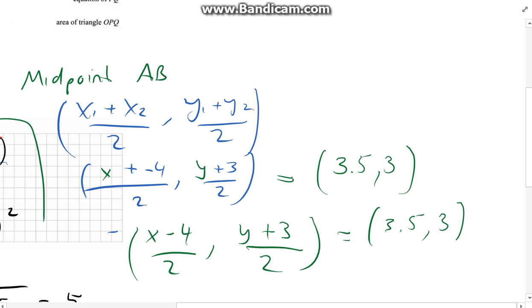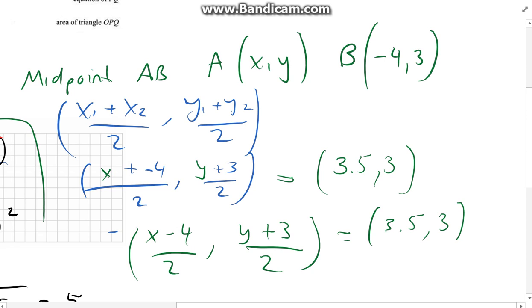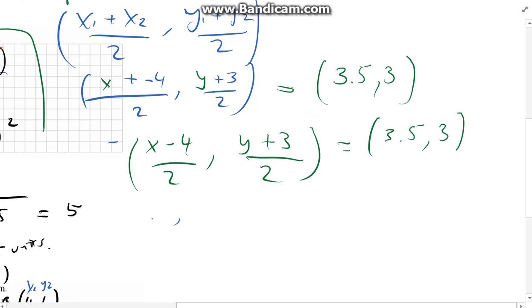So this is a question if they say, find the midpoint of AB when A is just x, y and B is, what was our point? Minus 4, 3. Or, no, sorry, the question they would ask is, if the midpoint of A and B is 3.5, 3, find A. So it'd be that kind of a question.